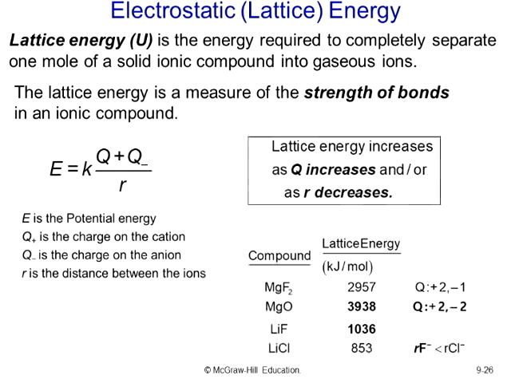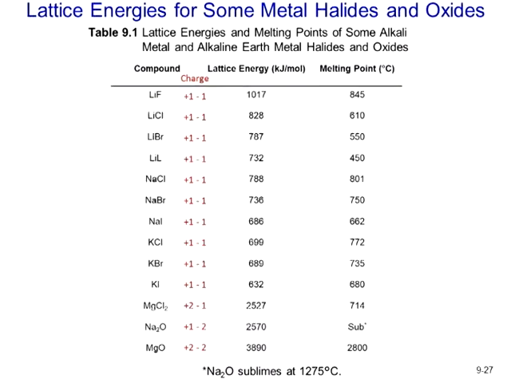However, when we have compounds that have a charge of +1 and -1, which is lithium fluoride or lithium chloride, that value is lower, and it's lower for the chloride than it is for the fluoride. And this is all related to the charge and the radius. So the key point here is that lattice energy increases as Q increases or as radius decreases.